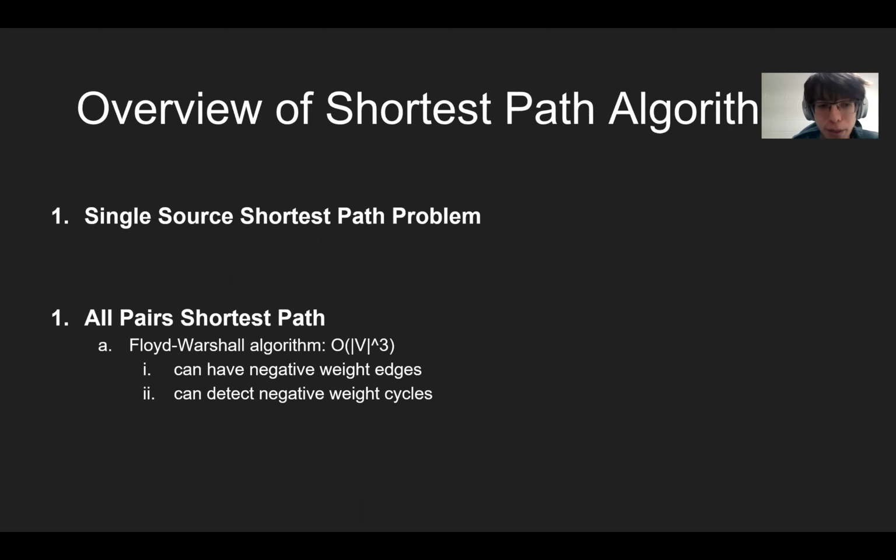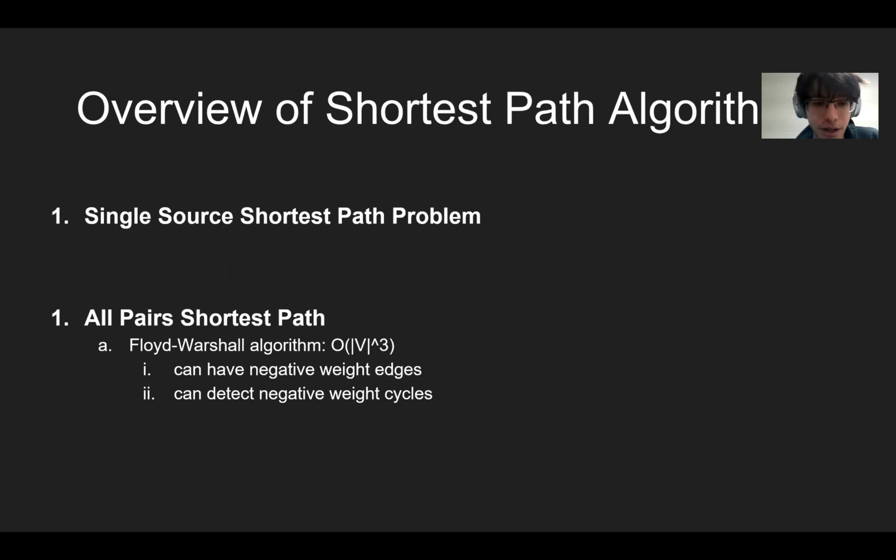But the all pairs shortest path problem is a little different. That would be the shortest path between all pairs of nodes. Like for any two nodes, you want to find the shortest path between them. One algorithm for this is Floyd-Warshall, which can handle negative weight edges and negative weight cycles.